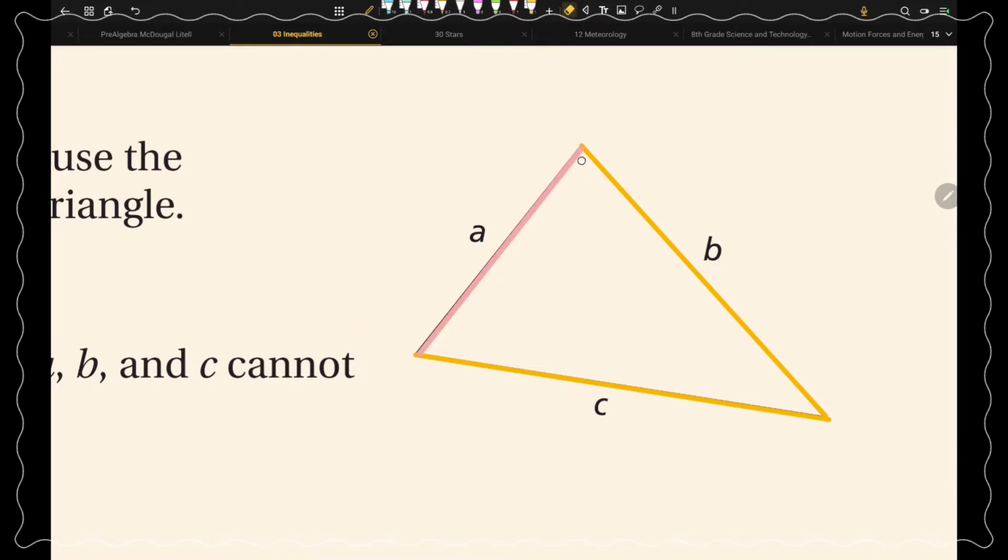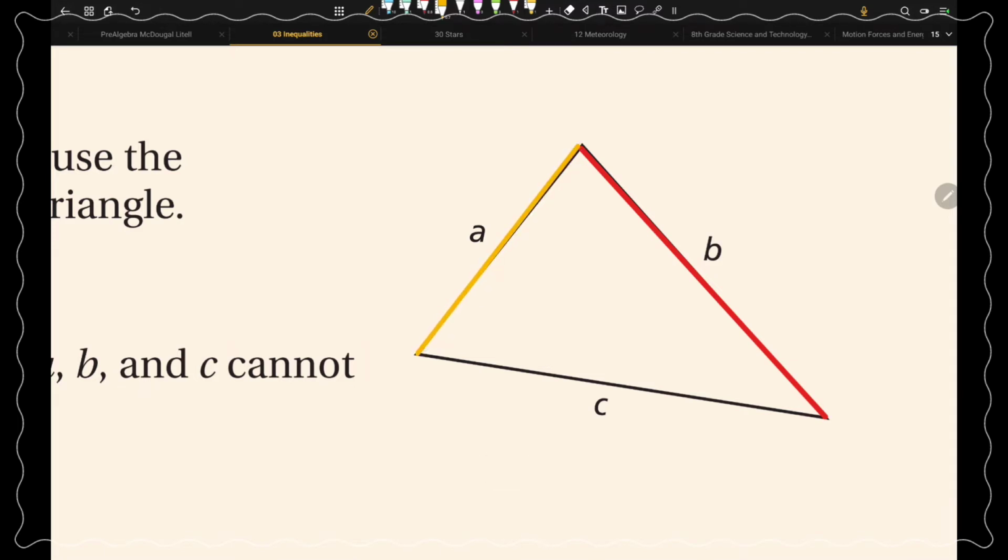Another thing, look at B. Now B on its own looks like it could be longer than C, right? And also, B on its own is definitely longer than A, right?